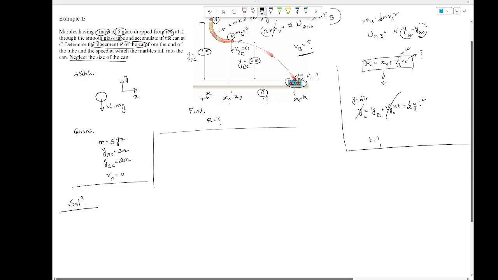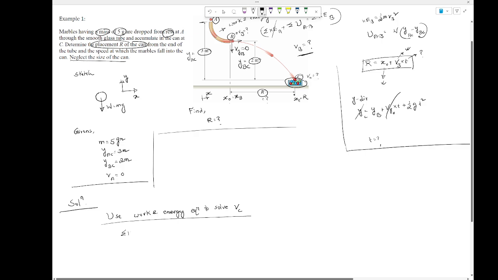But before I do any of this, let me start with this equation. You're going to use the work and energy equation to solve. So we're going to solve two things: first, the velocity at C and the velocity at B. Okay, let's go one by one.